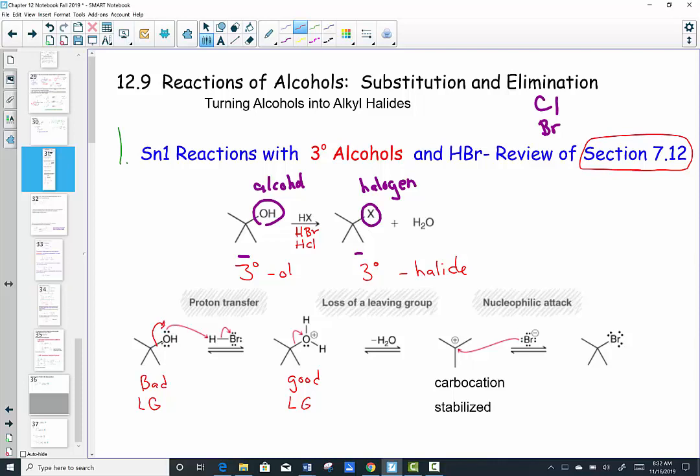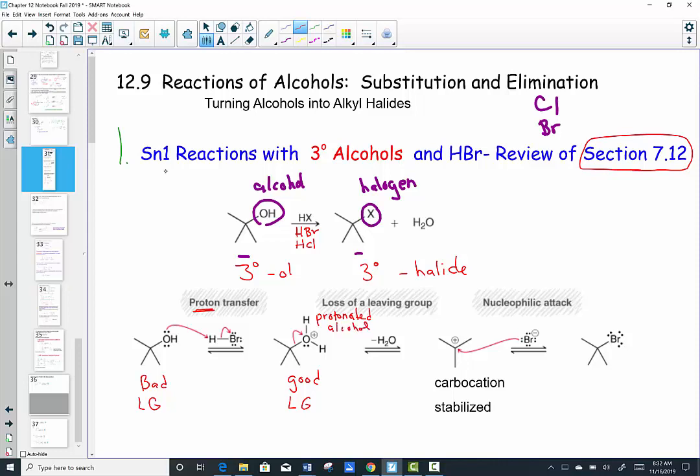It doesn't do that because it cannot stabilize the negative charge very well. So by protonating, a proton transfer, by protonating the alcohol, and that's what we're going to label this as a protonated alcohol. That turns this into a better leaving group.